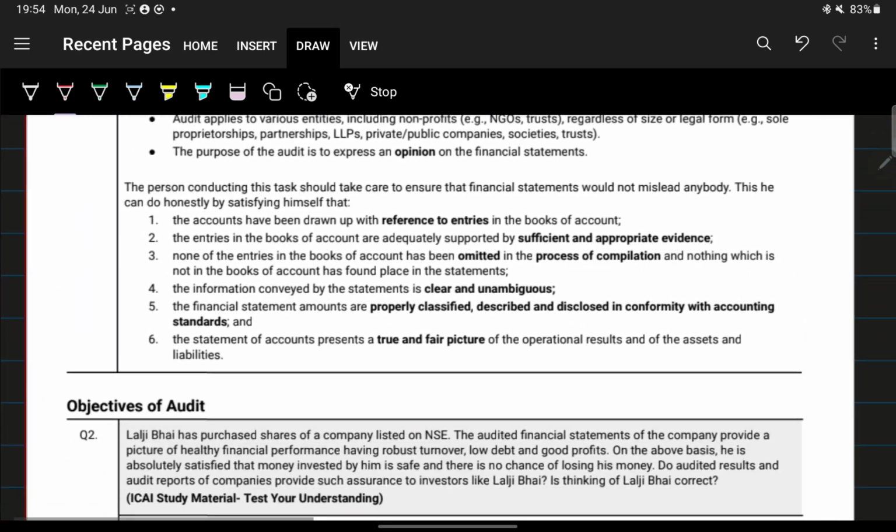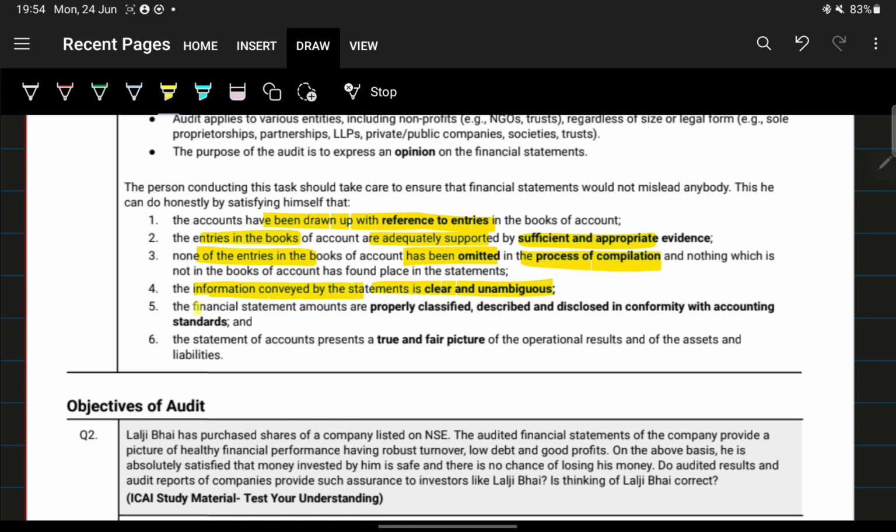Right here, accounts must have been drawn up with reference to entries. Entries must be adequately supported by sufficient and appropriate evidence. The same thing we've written. None of the entries must have been omitted in the process of compilation, and the information conveyed by the financial statement is clear and unambiguous.